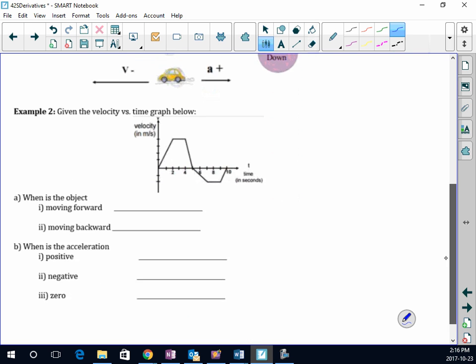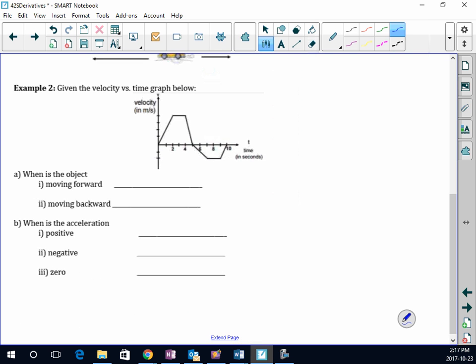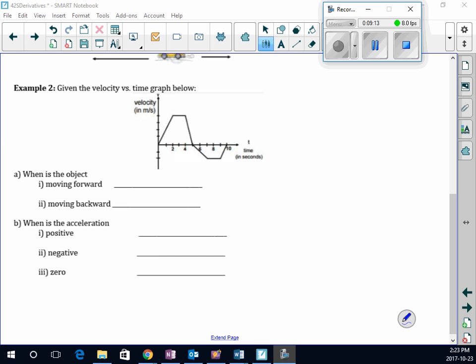So they like giving you a graph like this to see if you can analyze what's going on here. So I'm going to give you a second and do this in pencil because I'm sure there's going to be some mistakes. I want you to tell me where the object is moving forward, moving backwards, where it's accelerating, etc. Okay, what would I be looking for if I'm moving forward?